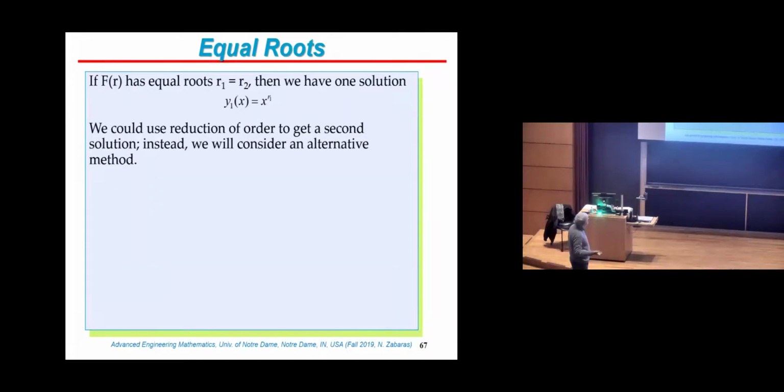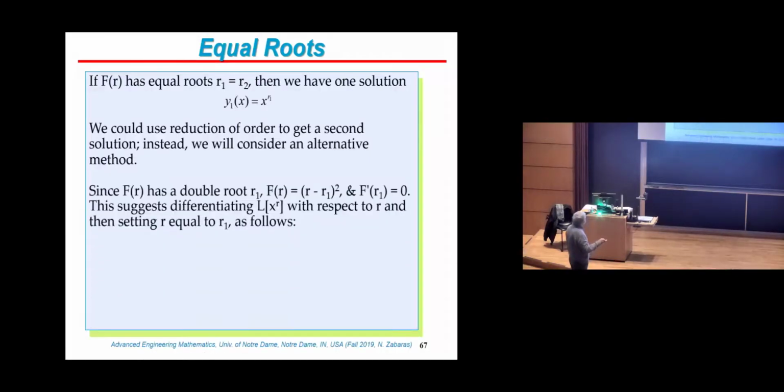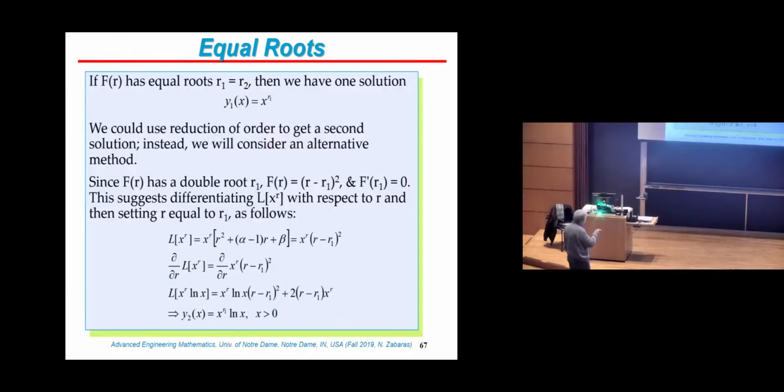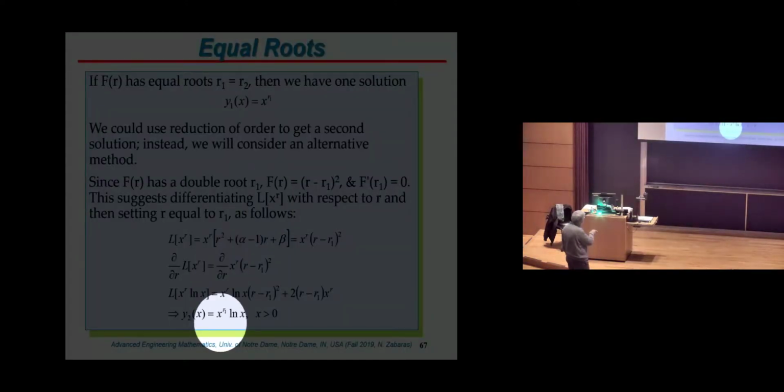So how about here? If one solution is x to the power r1 and r1 equals r2, what do you think the other solution will be for the Euler equation? The answer is going to be x to the power r1, exactly like this, times log of x.